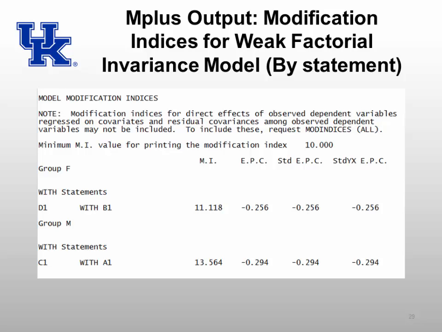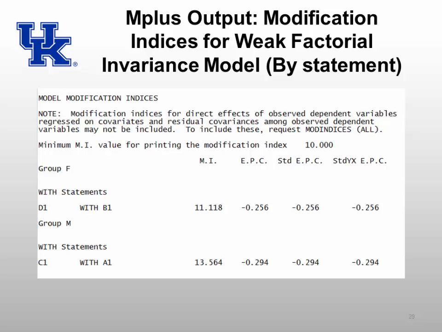We also look at the modification indices. Here we are looking for a BY statement. If there is anything showing, for example, F BY A1, B1, or C1, it means these item factor loadings need to be set free instead of being constrained.